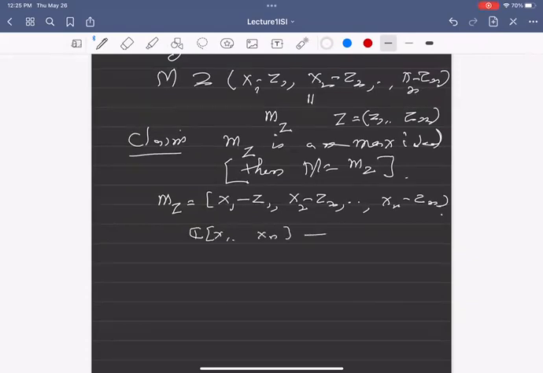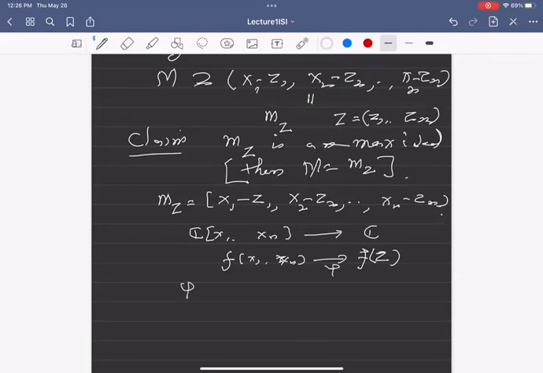But there is a slightly different idea. I take a multivariate polynomial and I evaluate it at the n-tuple z. When I substitute xi equal to zi in a given multivariate polynomial, I get a ring homomorphism.